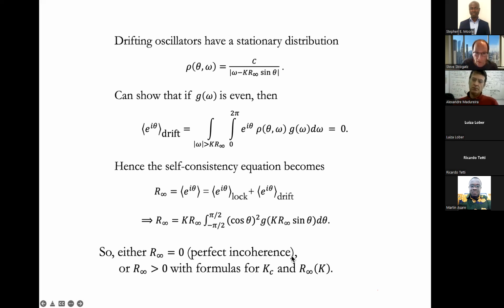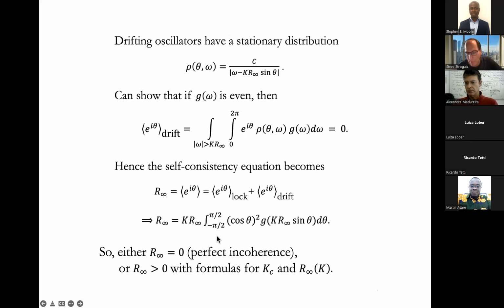That'd be perfectly incoherent. That's always a possible solution. The oscillators are not getting in sync at all. Or if you cancel out that solution, divide out R infinity on both sides, then you get 1 equals K times something that only depends on K through this term.